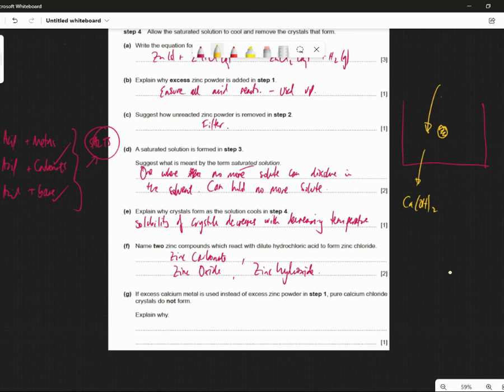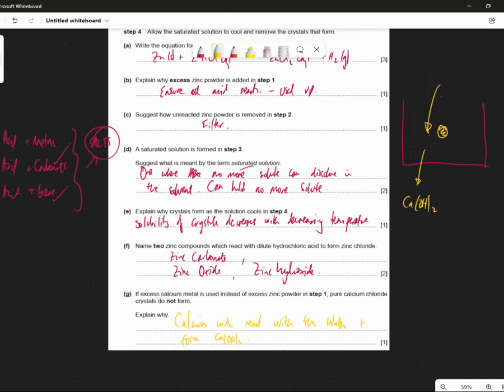Because calcium is so reactive, it reacts with the water and forms calcium hydroxide. Yeah, something like that. That will do.